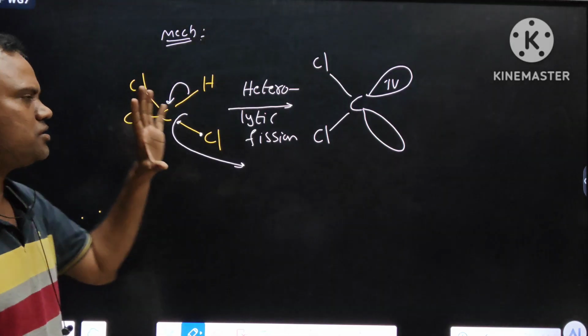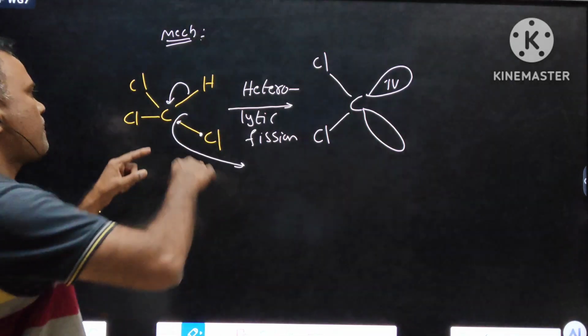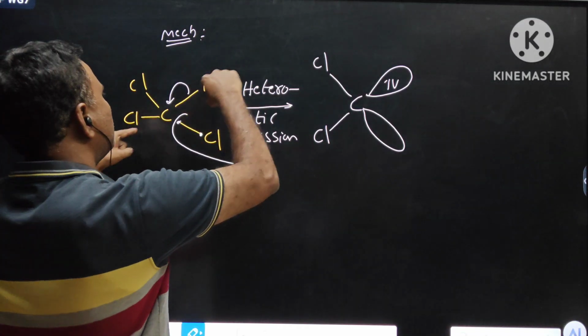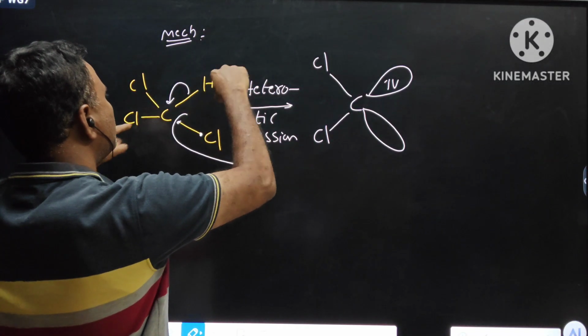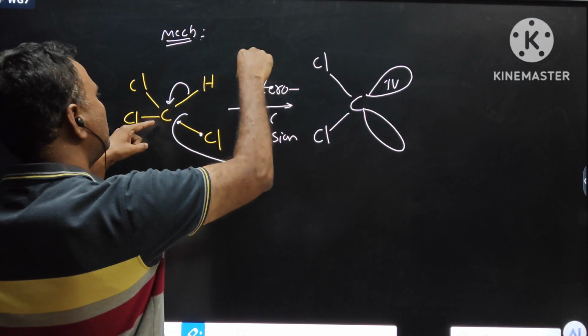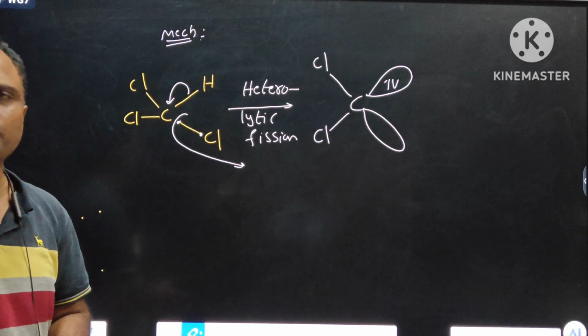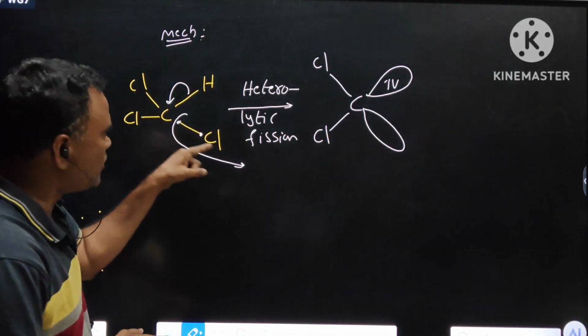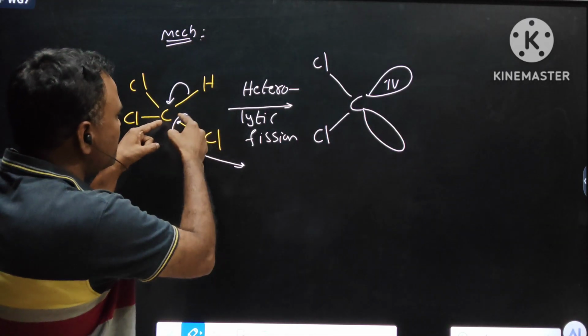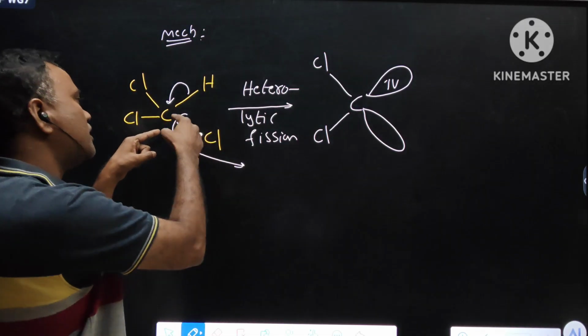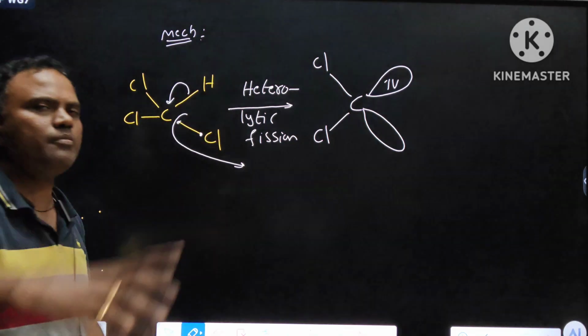In this orbital, just imagine, in this bond, 2 electrons are present. When hydrogen leaves, the 2 bonded electrons enter into one orbital. Here another orbital is there, but chlorine is taking its electron and the electron of carbon also. So this orbital will become vacant.